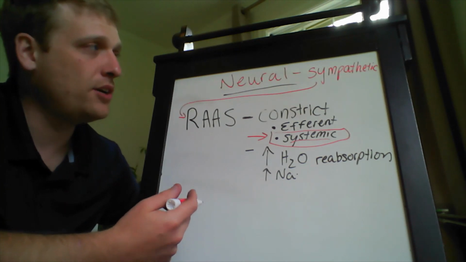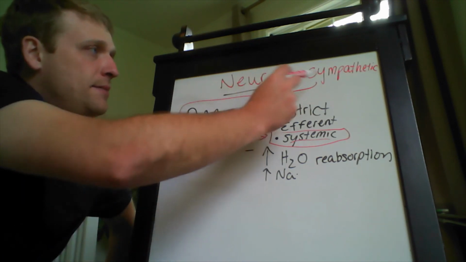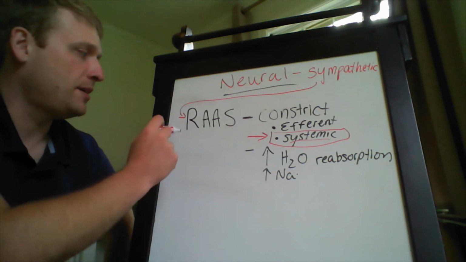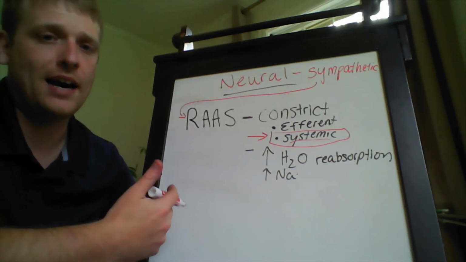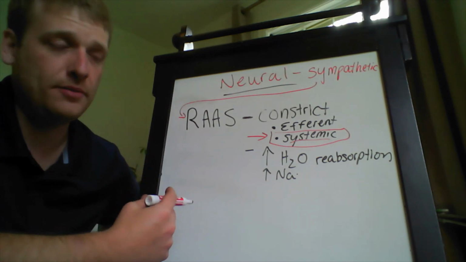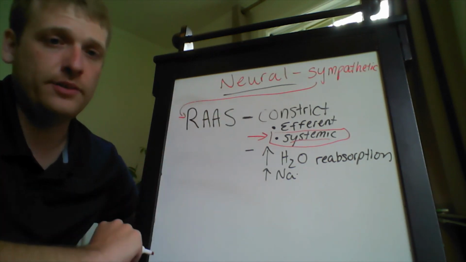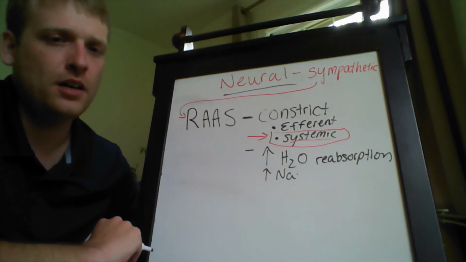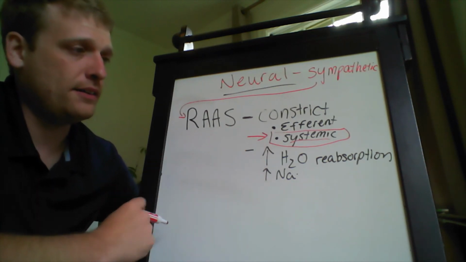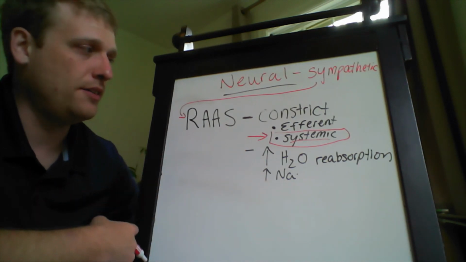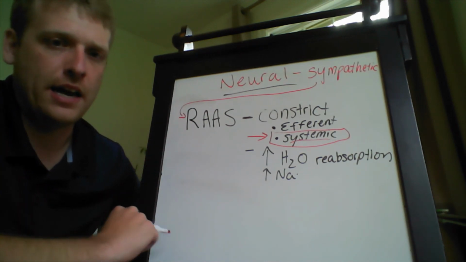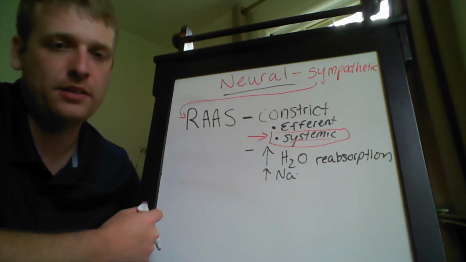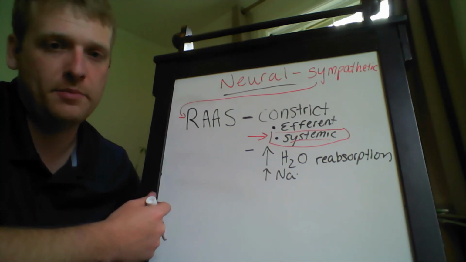And the other way that it goes about doing this is that the sympathetic nervous system can also stimulate production of RAAS hormones, which will also lead to these effects. So directly causing constriction of systemic blood vessels and activating the RAAS are the neural pathways for regulating glomerular filtration rate.